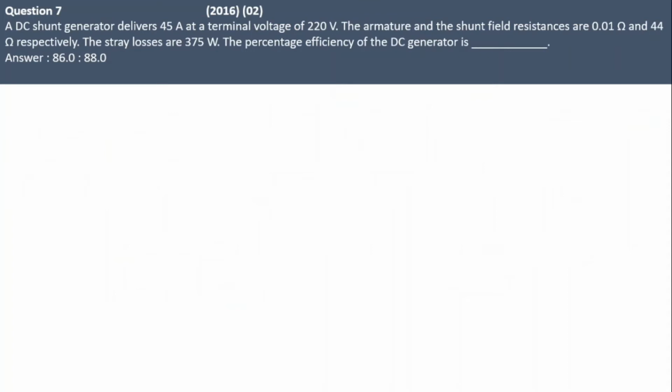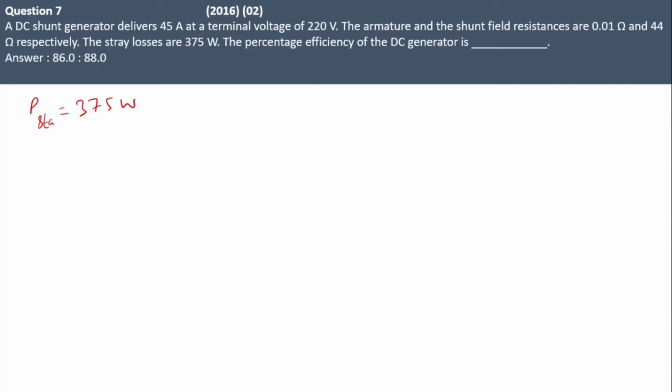Next numerical: a DC shunt generator delivers 45 amps at terminal voltage 220 volt. The armature and shunt field resistance are 0.01 and 44 ohm respectively. The stray losses are 375.